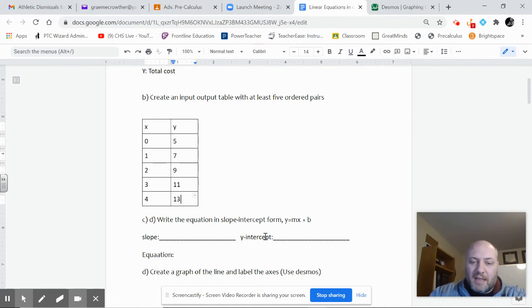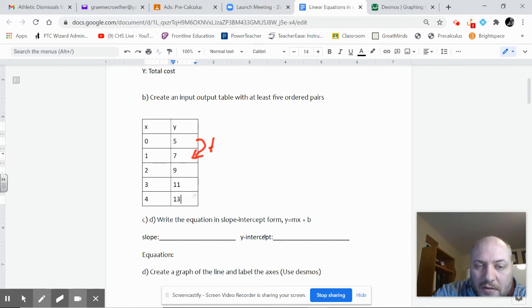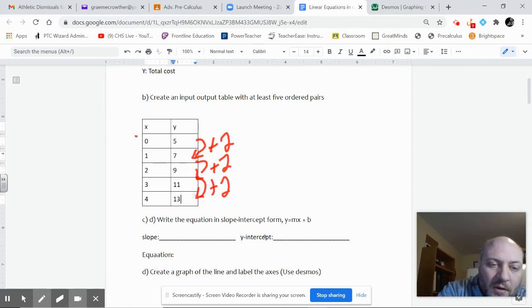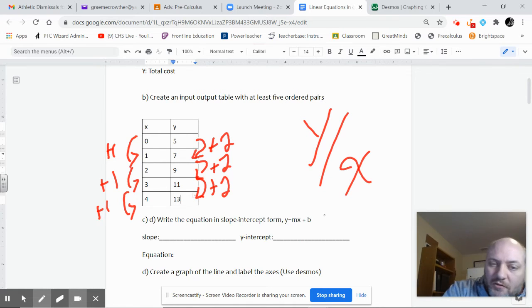So now looking at my table, I can check to see if I have a rate of change. Each interval for Y is going up by 2. For X, it's going up by 1. Remember, everything is Y over X. So my slope is going to be 2 over 1.